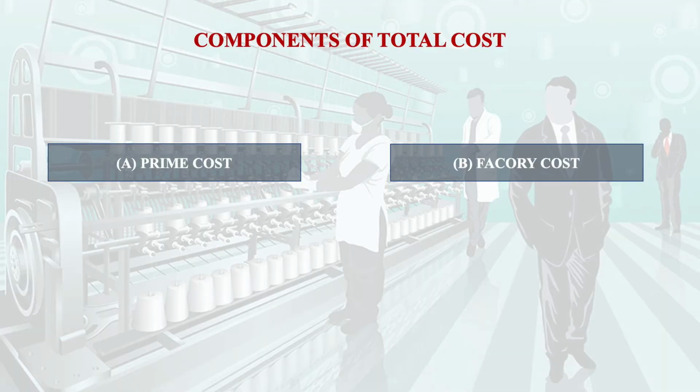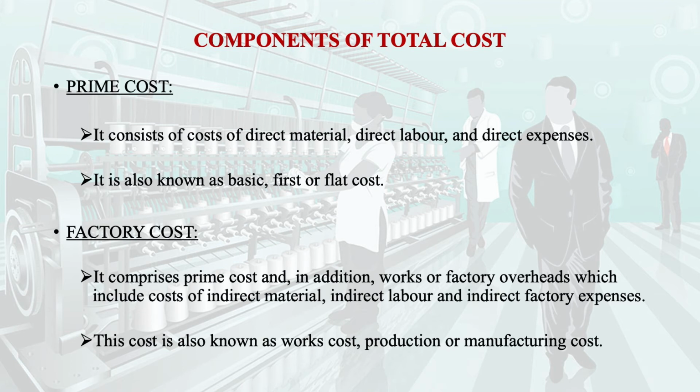Another component of the total cost is the factory cost. It comprises prime cost and in addition the works or factory overhead, which includes the cost of indirect material, indirect labor and indirect factory expenses. This cost is known as works cost, production or manufacturing cost.